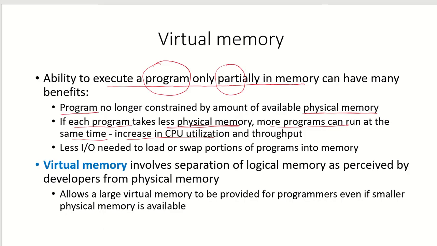Also, since we are taking only a part of the program into the main memory, less input output will be needed to load that program, or when swapping is done to the swap space.